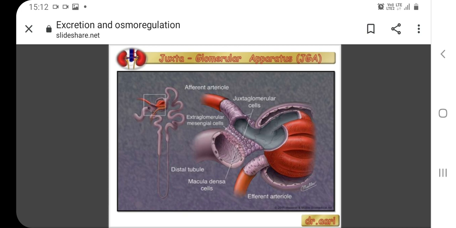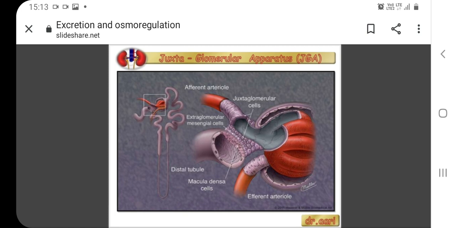Because sodium is actively transported out of the tubule, water is also independently reabsorbed into the peritubular capillaries due to the presence of aquaporin or the water channel in the proximal convoluted tubule.